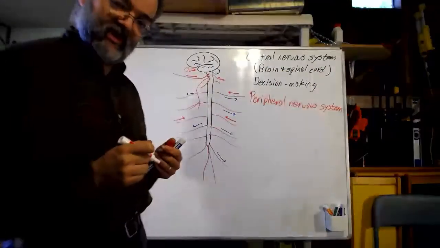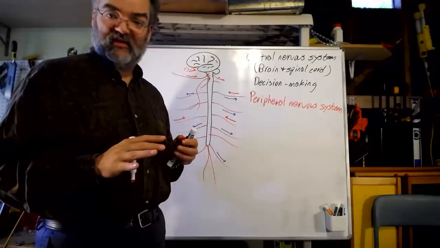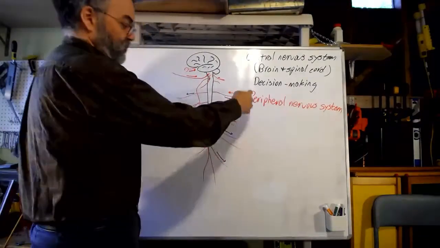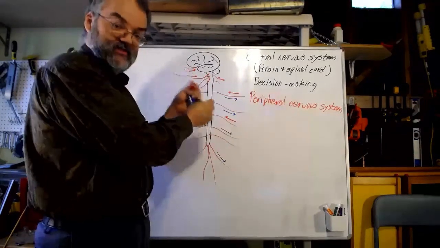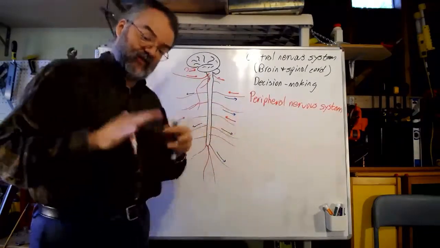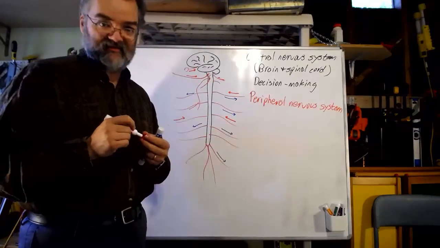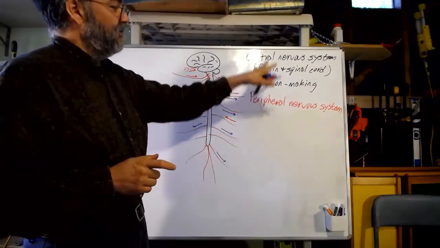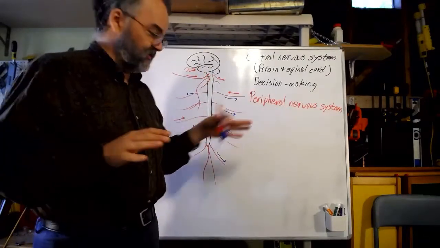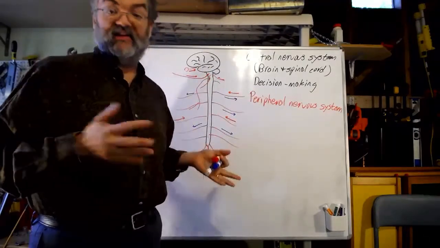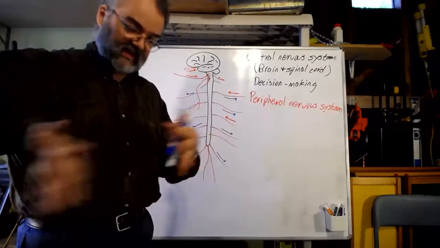Collections of nerve cells and parts of nerve cells that are either bringing information from the body and the world to the central nervous system or taking commands from the central nervous system out to the body. That's kind of the big division. And we're going to talk about subdivisions here, like the division of peripheral into somatic and autonomic and such like that. But we'll get to that later.